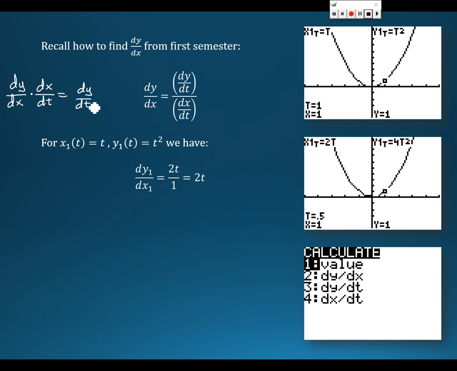Keep in mind that gives the slope at a point. If we're thinking about motion and velocity, dy/dx never gives a velocity. It still gives the slope on the curve. dy/dt and dx/dt are velocities, components of the velocity in both directions. That's an important thing to say.